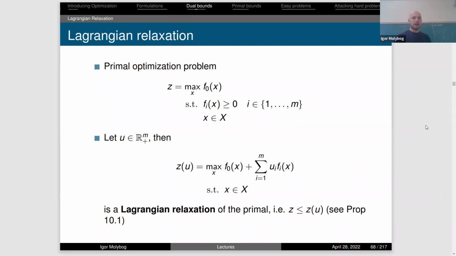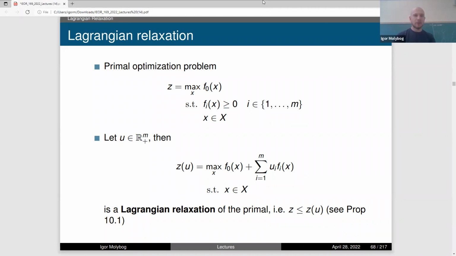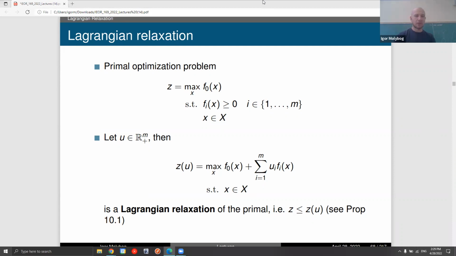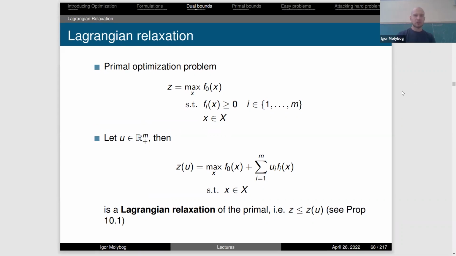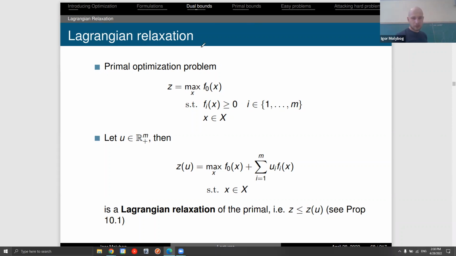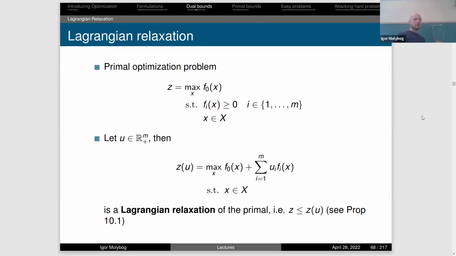After we completed the topic about formulations and relaxations, which was the first topic regarding dual bounds, we switched to a different approach to constructing dual bounds, which is the Lagrangian relaxation and the Lagrangian dual.